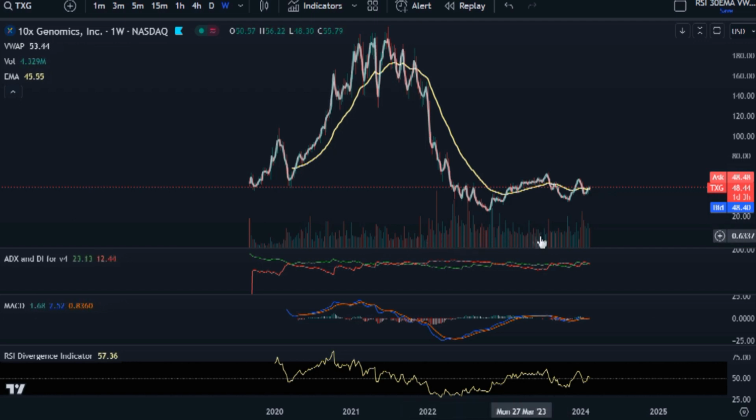Now we're looking at volume. We need to understand that the volume here is above halfway when we look at the history, so that's also encouraging. We're going to look at the indicators. We have the ADX and DI, and it's also in a consolidating stage.